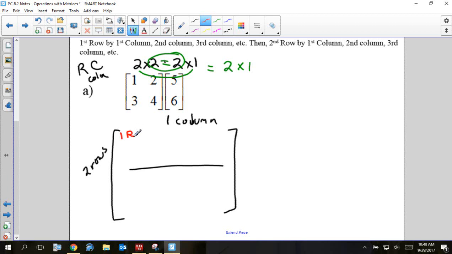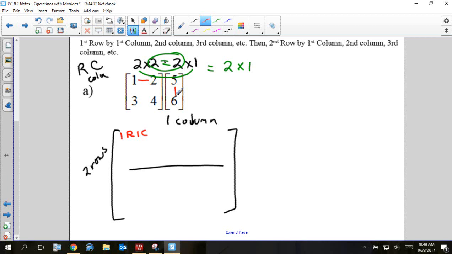How many columns do we have? So which column is it? First column, okay? So I know that this is the first row, first column. And I use that information to know how I get the numbers that go here. Up in my original question, I always use the row from the first matrix and the column from the second matrix, R, then C. I'm going to use the first row and the first column.